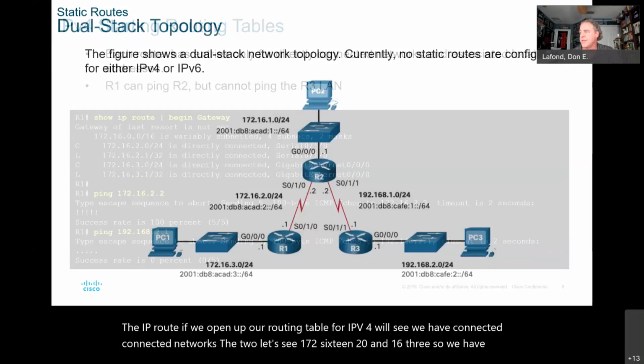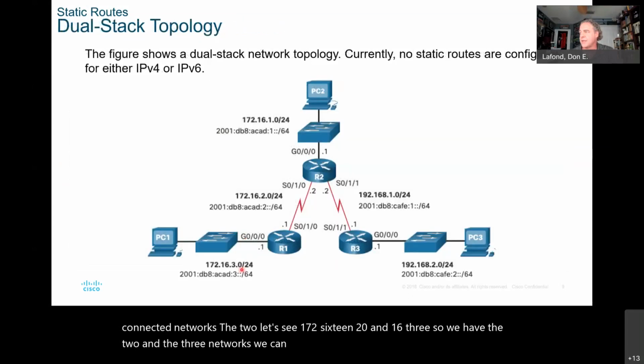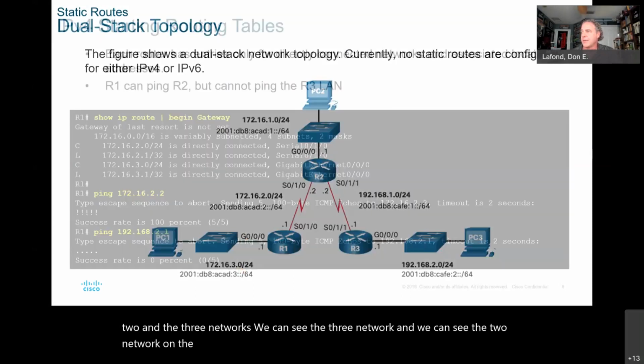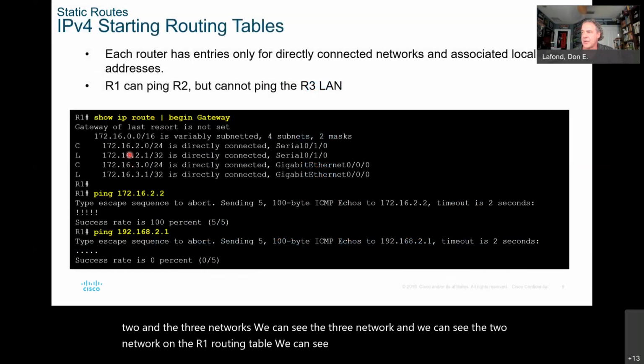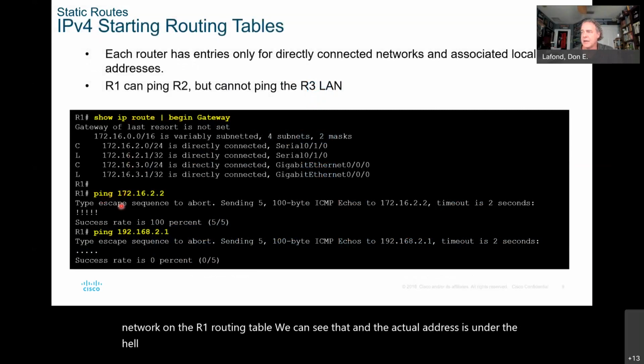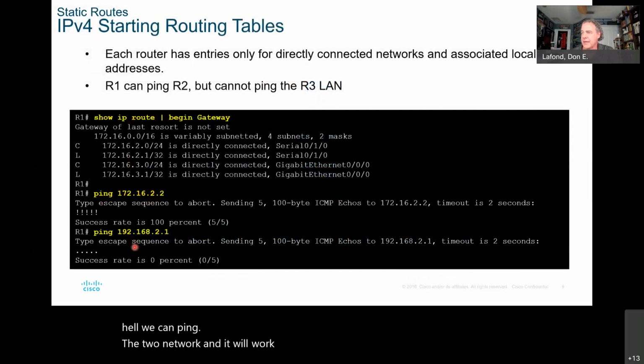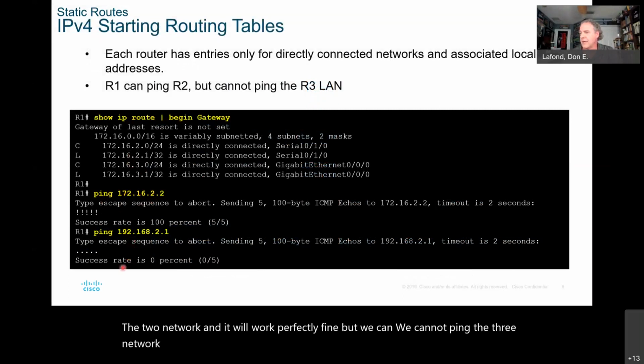We can see the 3 network and we can see the 2 network on the R1 routing table, right? We can see that and the actual addresses under the L. We can ping the 2 network and it'll work perfectly fine, but we cannot ping the 3 network.